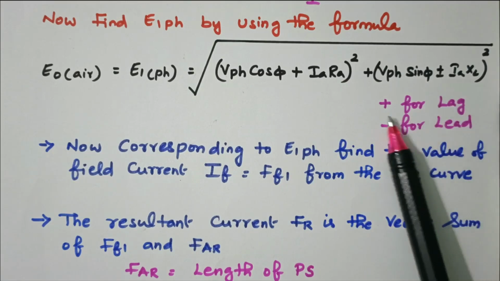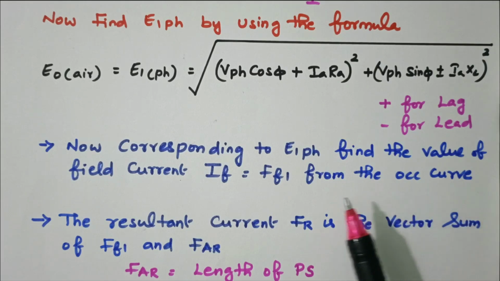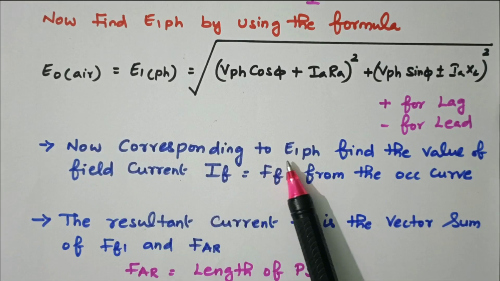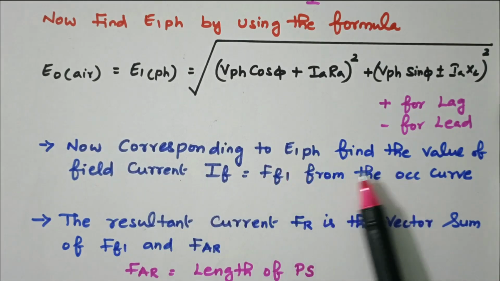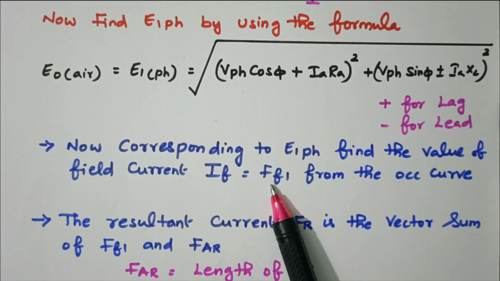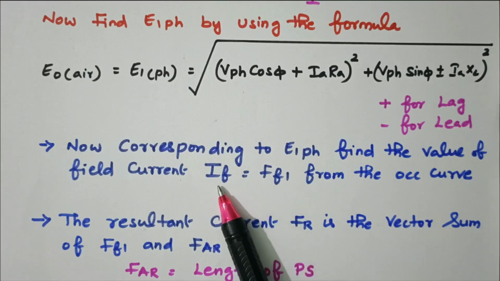The plus symbol indicates lagging, the minus symbol indicates leading. Now we got the value of E1. Now corresponding to E1 phase, find the value of field current, that is called If equal to FF1. Corresponding to E1, from the graph we easily find FF1, that will give the If from the OCC curve.